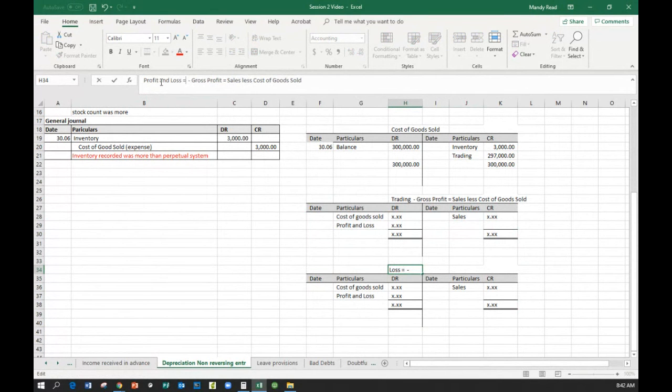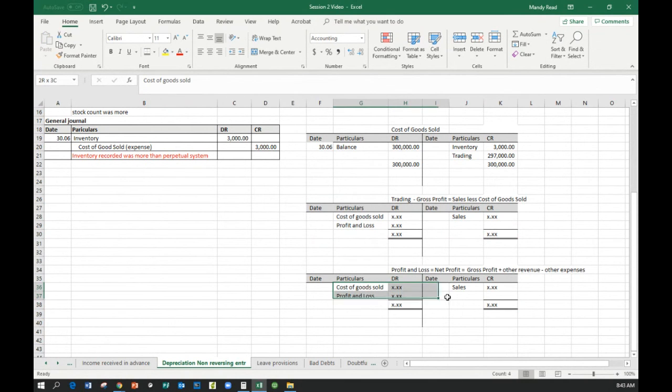And the profit and loss account has all the accounts in it that are associated with the calculation of net profit. Now, net profit equals gross profit plus other revenue less other expenses. So we now are going to have a situation where we're closing off the gross profit to the profit and loss account.